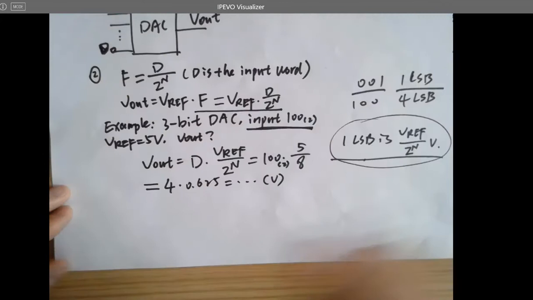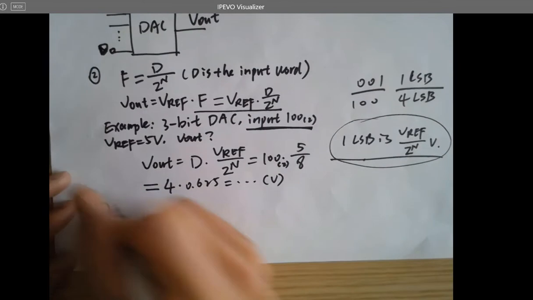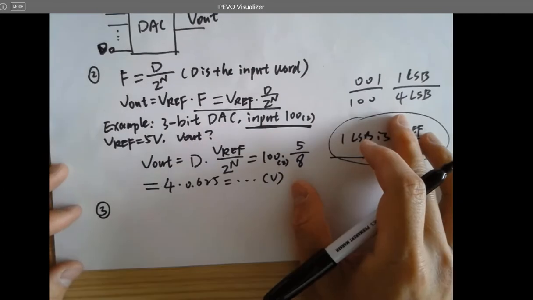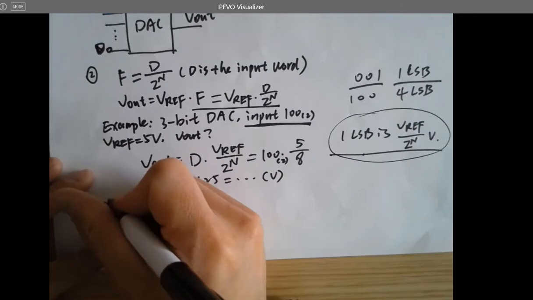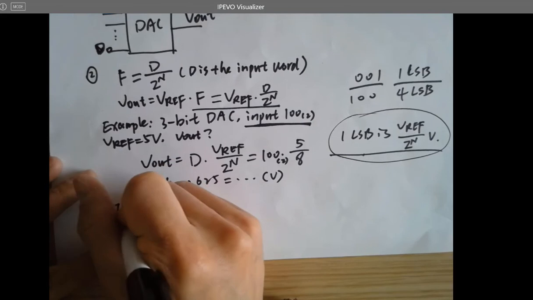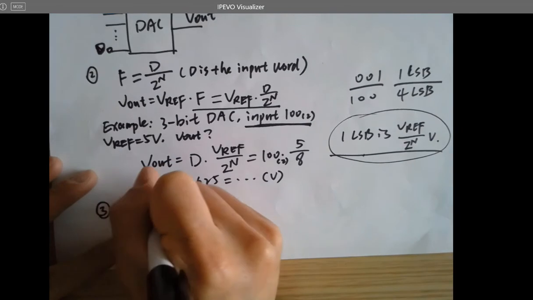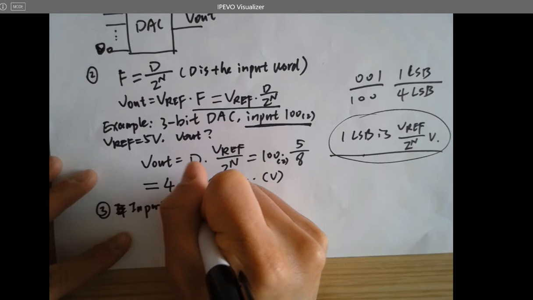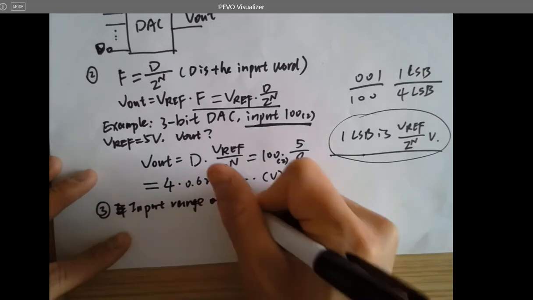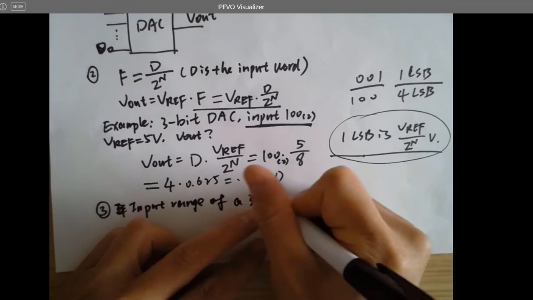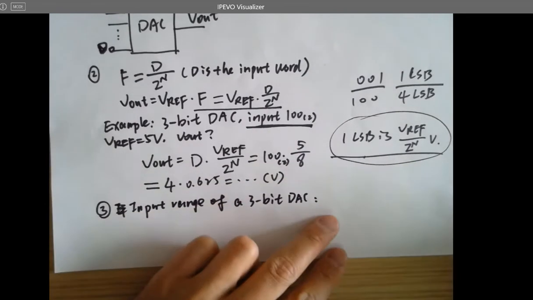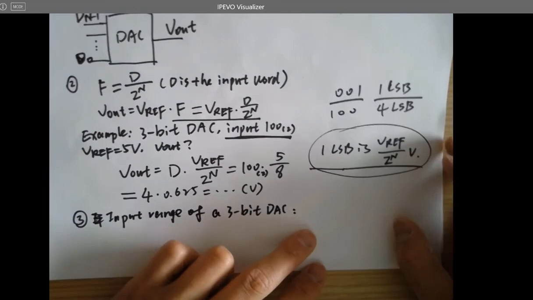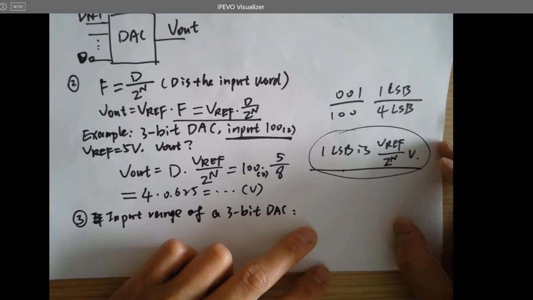That's the first concept. And the second one, the full scale range. For the input range of a 3-bit DAC, what's the input range for the 3-bit DAC?